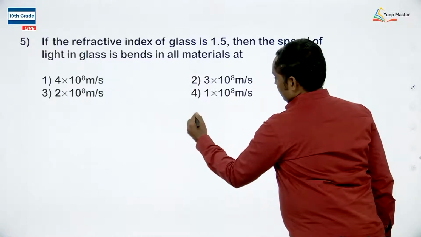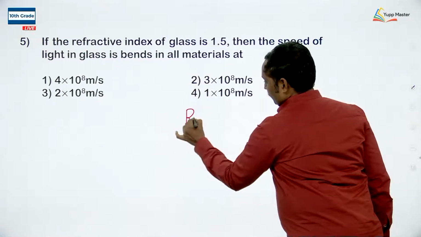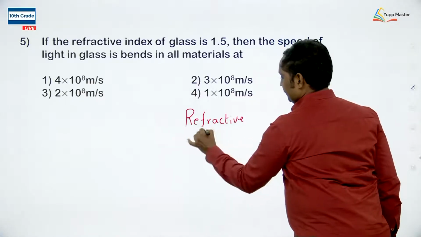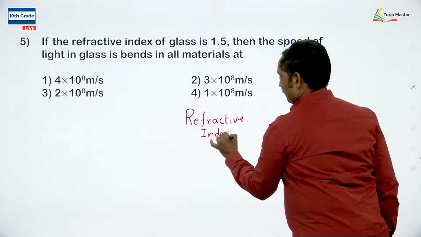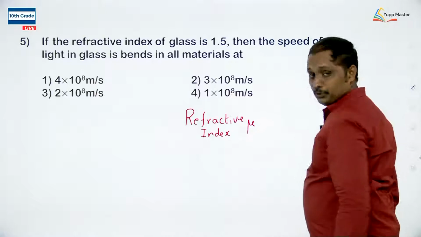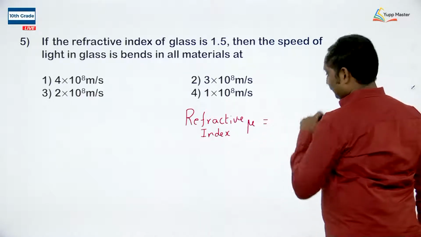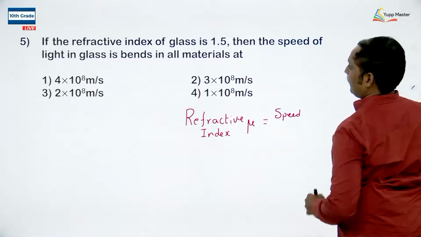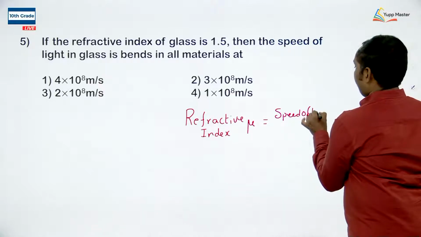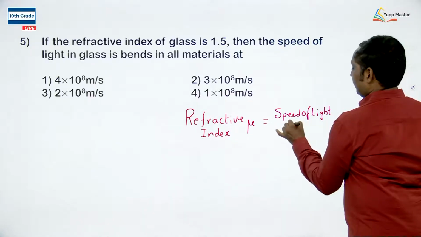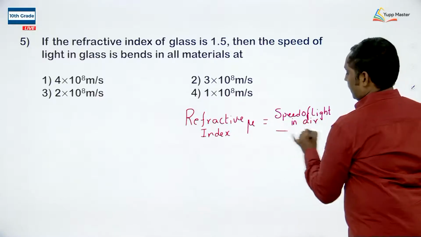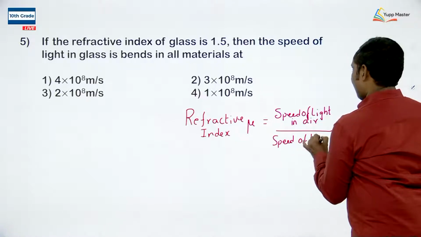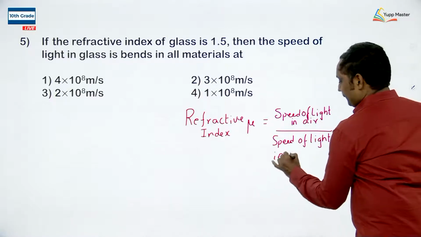Please have a look. The refractive index is denoted by mu. Therefore, mu is equal to the speed of light in air divided by the speed of light in a medium.